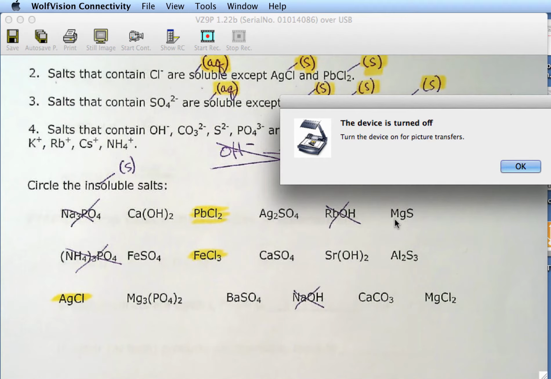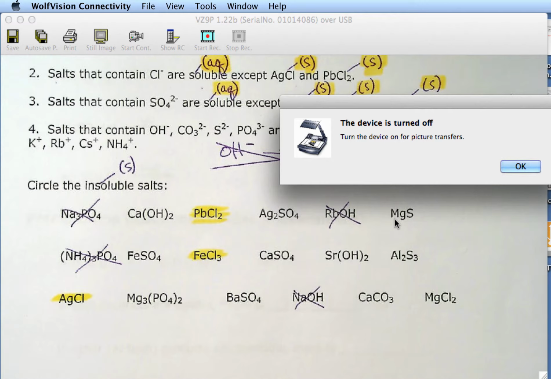So salts that contain chloride are soluble except for AgCl and PbCl2. So here we found 2 that are insoluble. And then what about iron 3 chloride? It's going to be soluble, so it won't get circled, okay? Good.